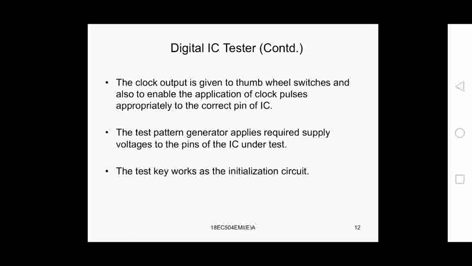The test pattern generator above the thumb wheel switches on your diagram will give the proper power supply voltage to the pins of the IC under test, and the test key works as the initialization circuit.